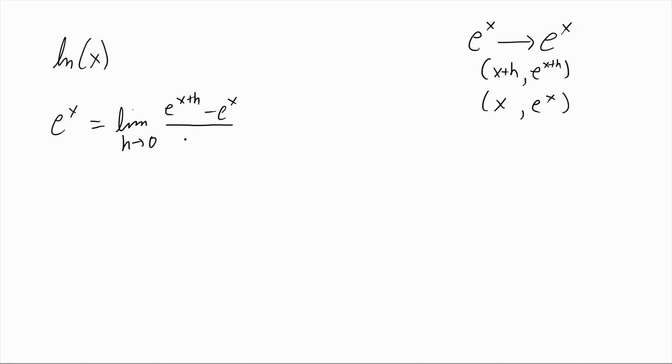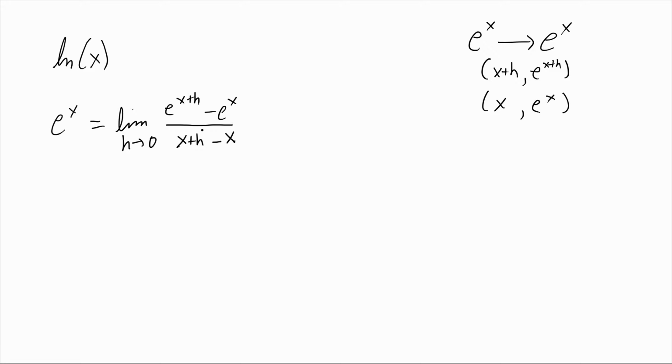Let's think of it as x plus h minus x. That might actually be useful for us as we go. How can we get the derivative of natural log out of this?